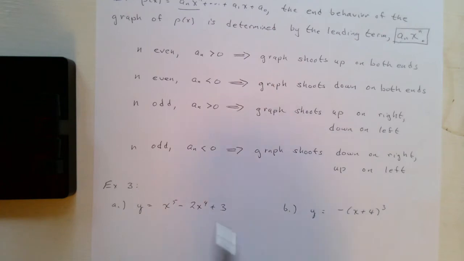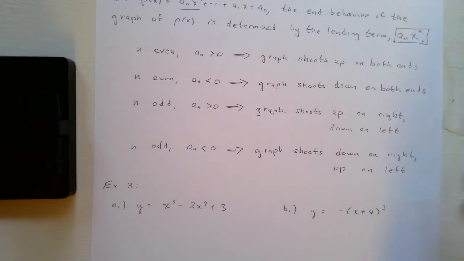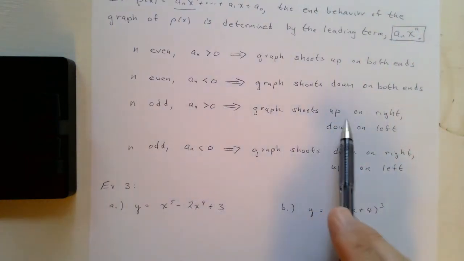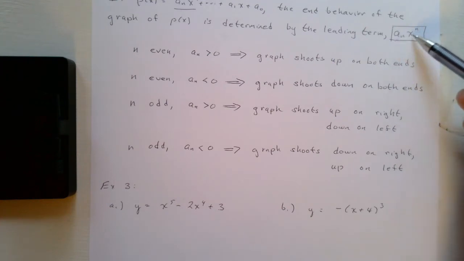Then if n is odd, sometimes this x to the n will be positive, sometimes it will be negative. So depending on the sign, let's say we want to know what happens on the extreme right. x is positive, right? So if this is positive and this is positive, the whole thing will be positive. So it shoots up on the right.